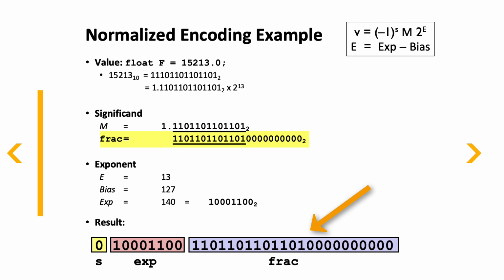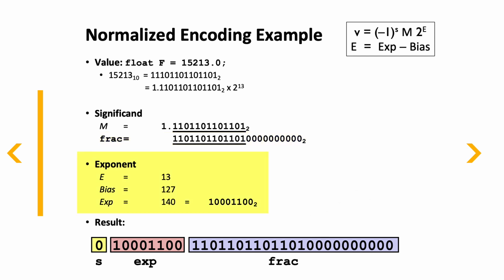We don't have to represent that. That's assumed. So we take that remaining bit pattern and pad it out to the right with zeros, because we have 23 bits of information in the frac field for single precision. We've got to fill all of those up, so we pad with as many zeros as we need to get to 23 bits, and we have our frac field.